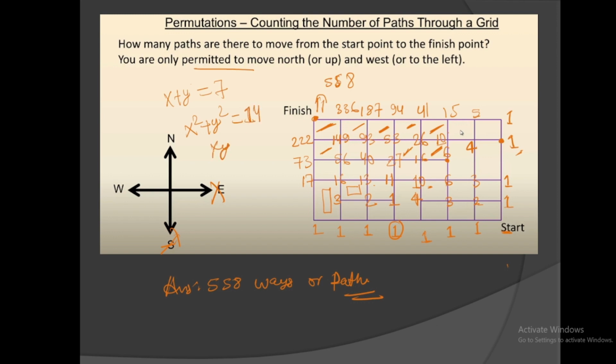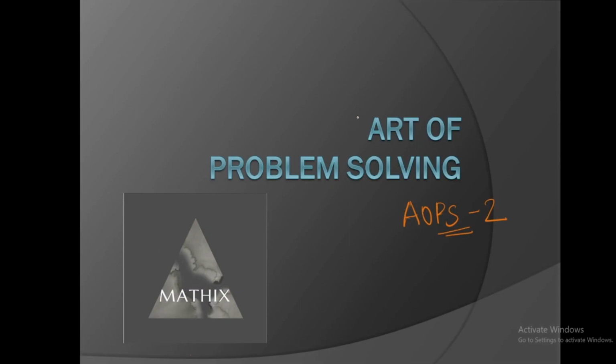So find xy. Maths is not about just putting in the values. The real maths is doing the thing which doesn't actually require the formula, and that's the math, and that's the art. Maths is an art. So we have done the art of problem solving too, and I hope you have understood the problem very well.